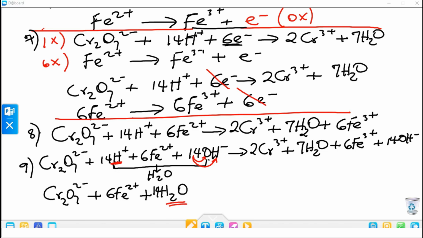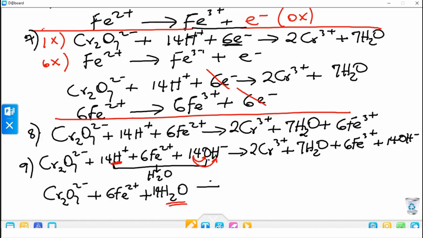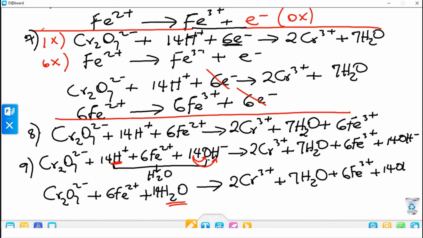So now we go over to the next side. The product side is now going to be 2Cr3 plus and 7 moles of water plus 6Fe3 plus, 14 OH minus.